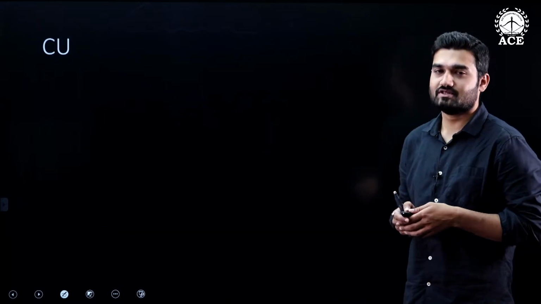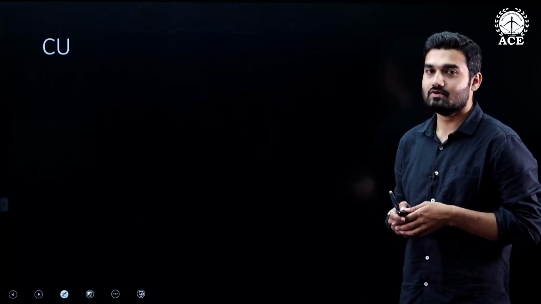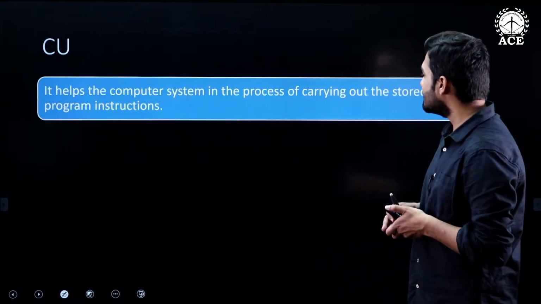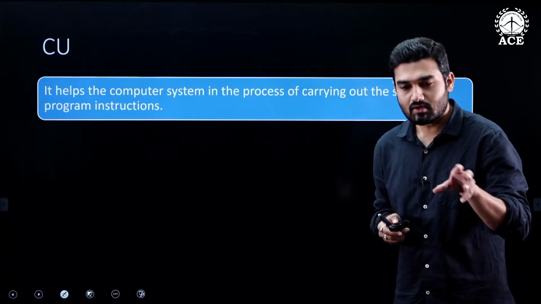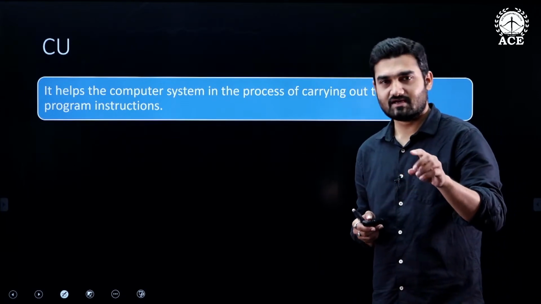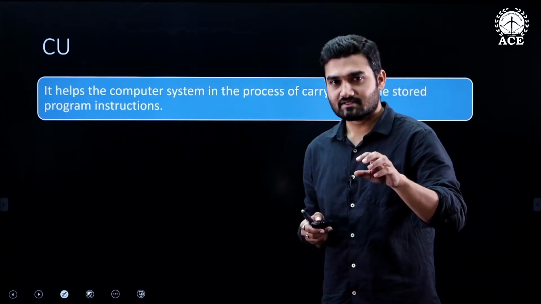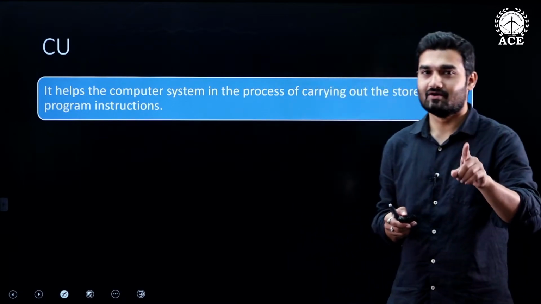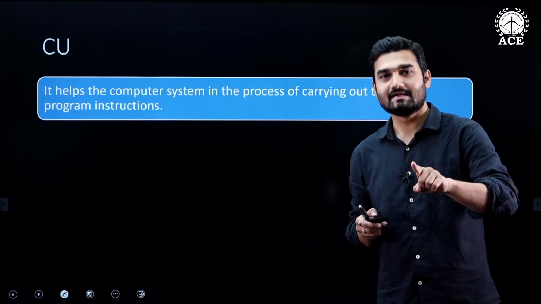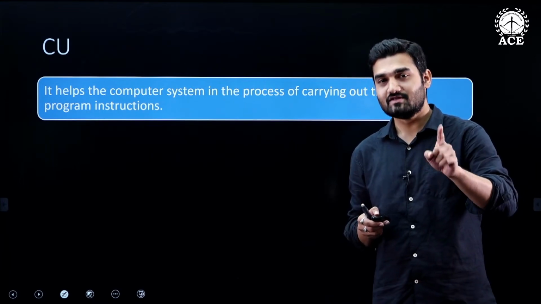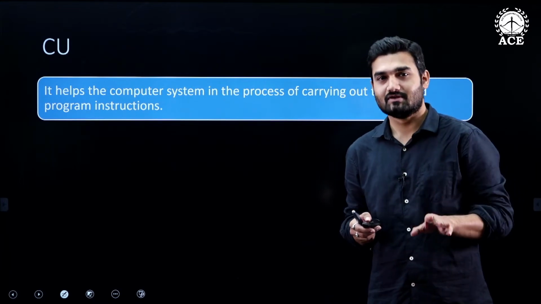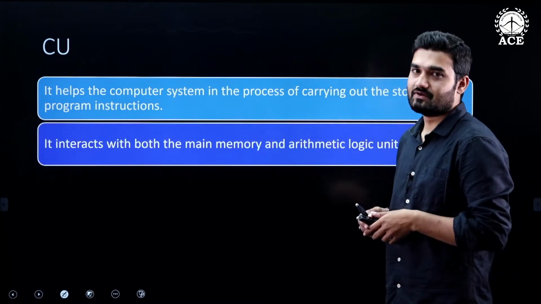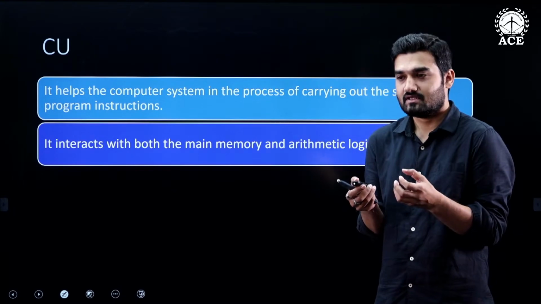Now let us see the CU, control unit. It helps the computer system in the process of carrying out the stored program instructions. Stored program architecture is also known as Von Neumann architecture, and we study only Von Neumann architecture. So the control unit has to process the stored program.